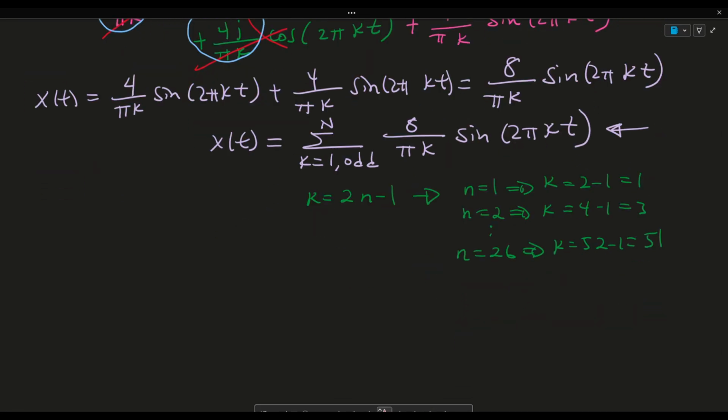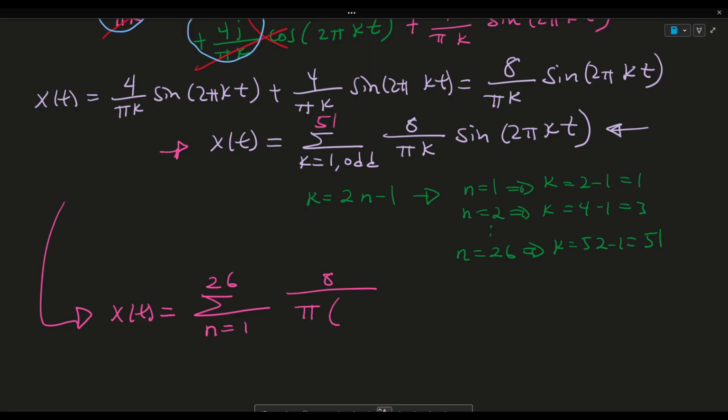So what I'm going to say is that on DESMOS, if I want to plug this in, let me say that n is equal to 51. What I'm going to do here is I'm going to say that x of t is equal to the sum as n is equal to 1 to 26. This is going to be 8 over pi.